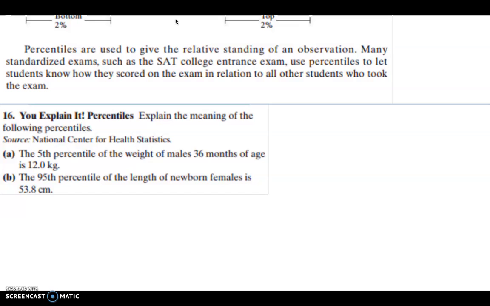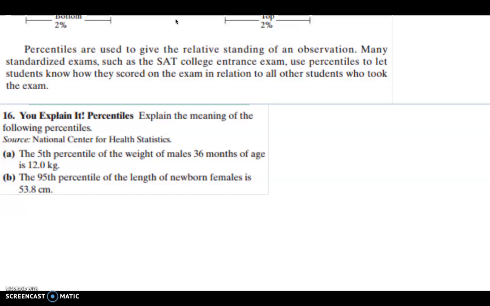So if you're taking the ACT and you got the 20th percentile, that means 20% of the people scored the same or lower than you did. If you got the 85th percentile, that means 85% scored the same or lower than you.